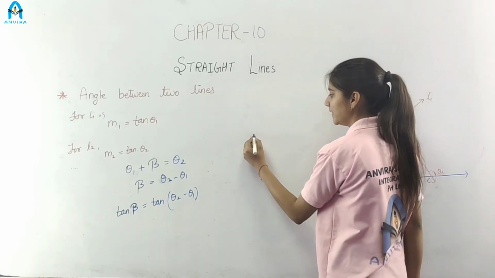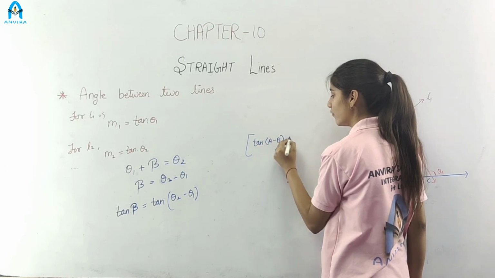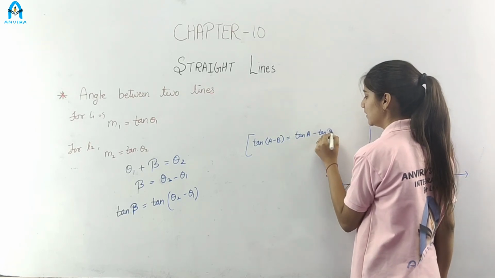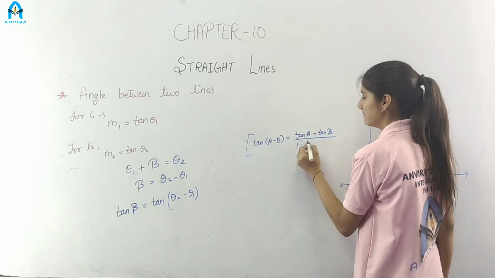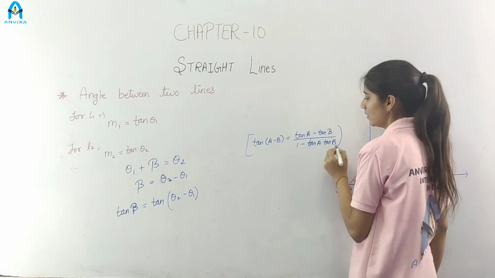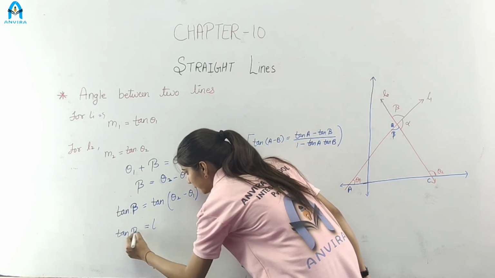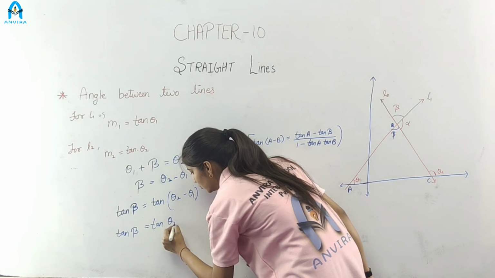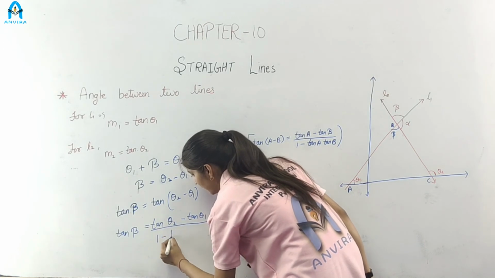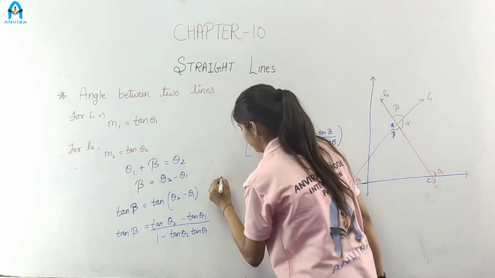Let us recall our previous knowledge of trigonometry. Tan of A minus B is given by the formula tan A minus tan B divided by 1 minus tan A tan B. So I can write it as tan beta is given by tan theta 2 minus tan theta 1 upon 1 minus tan theta 2 into tan theta 1.